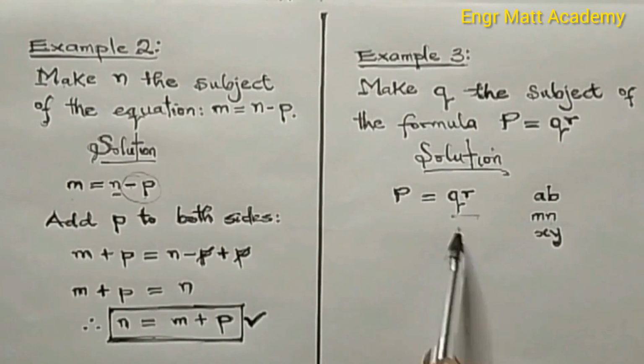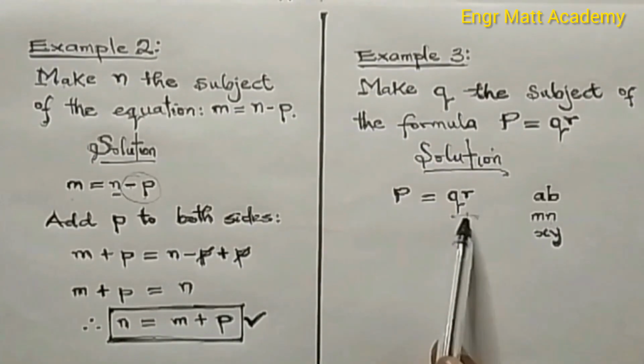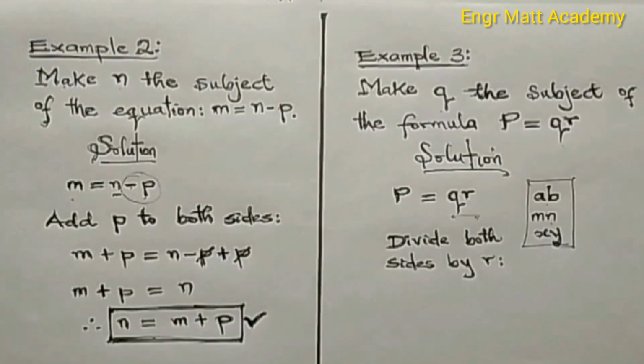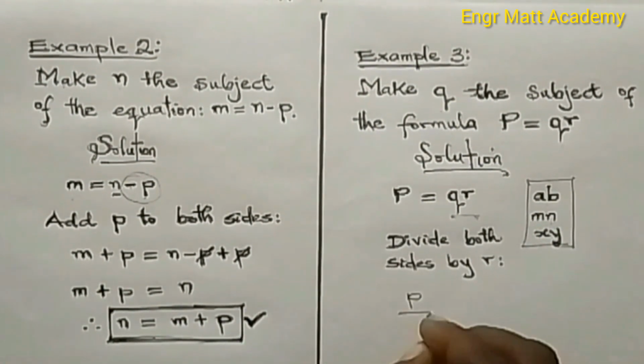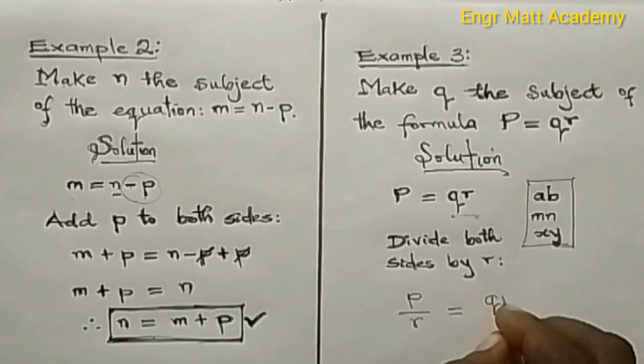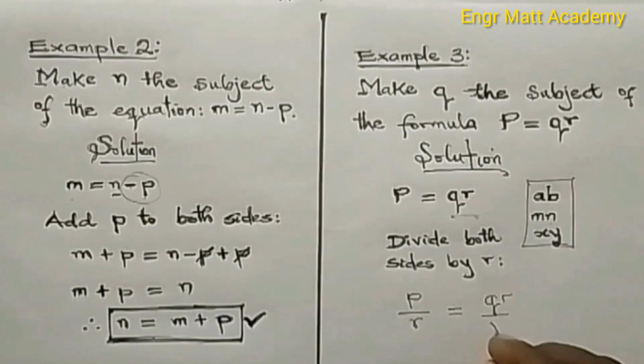So to make q the subject, we reverse the operation. And how do we reverse multiplication? By division. So we say divide both sides by r. That is, p divided by r is equal to qr divided by r.